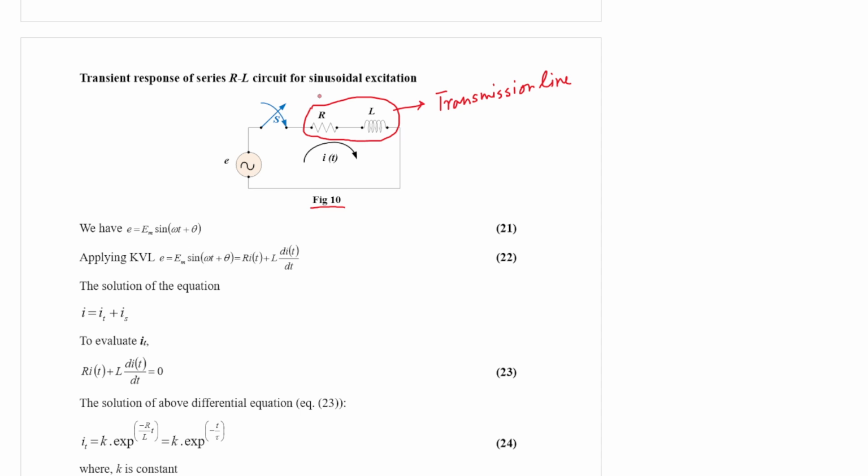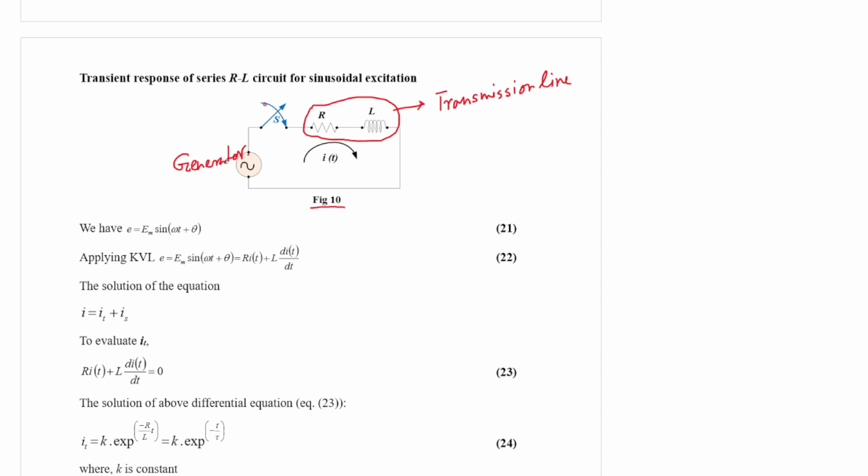If it is supplied by an AC source, then you can consider that as the generation side, or a generator, and this generator is feeding power to this transmission line via this switch.